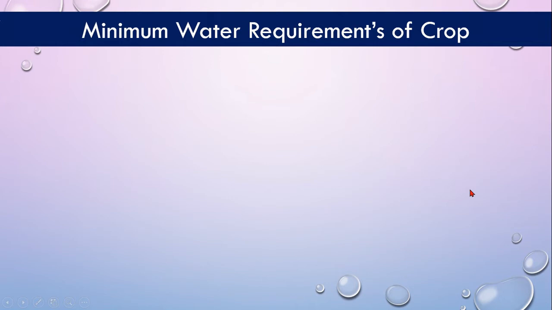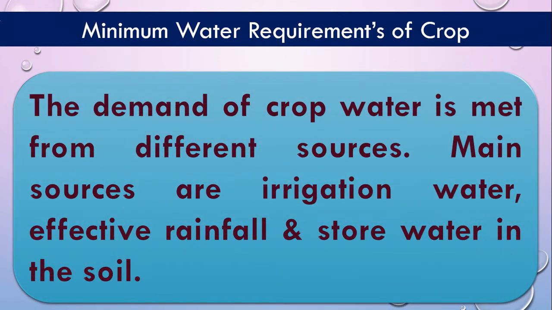Minimum water requirements of crop. So how can we understand what will be the minimum water requirement of a specific crop? Basically, the demand of the crop is met from different sources. That means whatever water the crop needs will be met from specific sources like irrigation water, effective rainfall, and stored water in the soil.